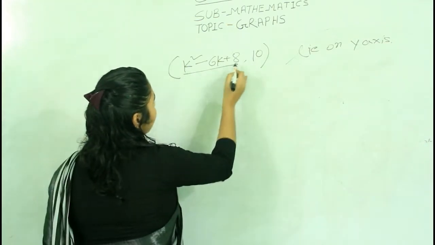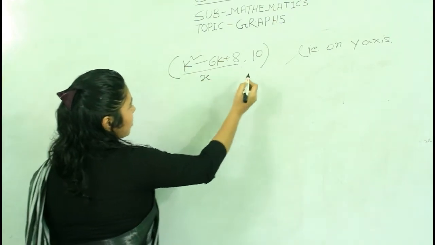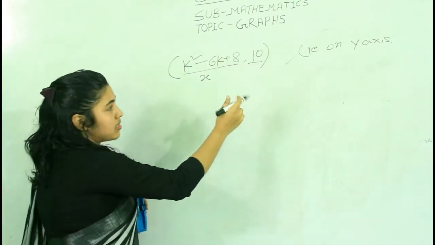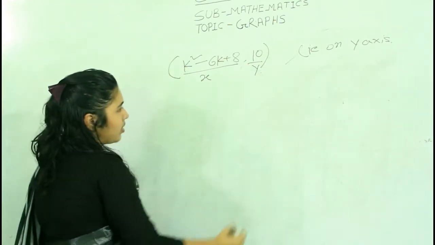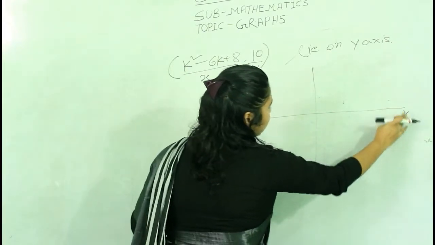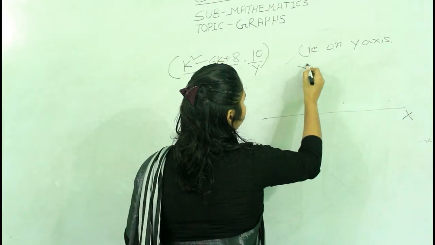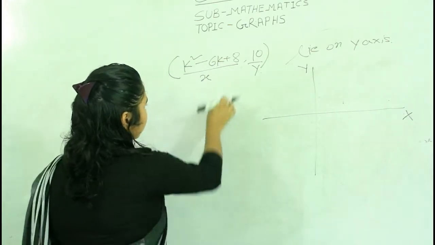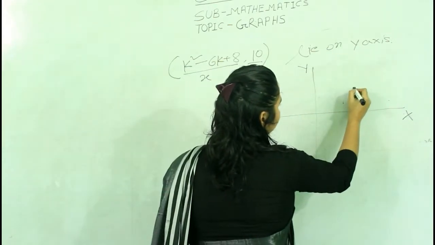Here this is the coordinate of x and this 10 is the coordinate of y. So if this is the x axis and this is the y axis, suppose this point is here.